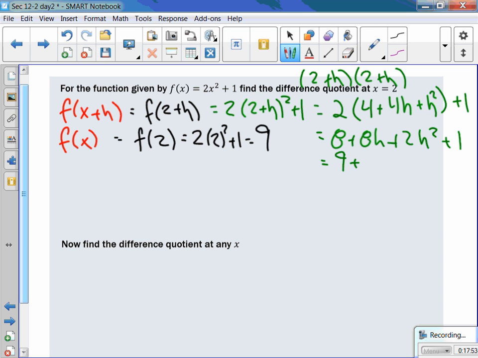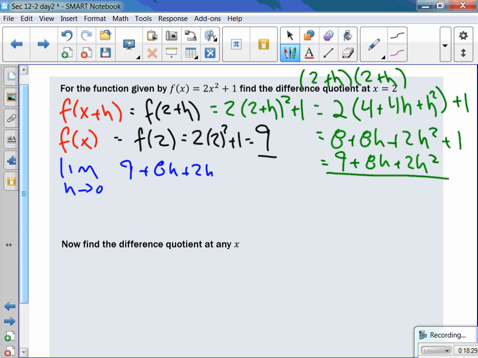So this gave us our f of x plus h, or excuse me, f of 2 plus h. So we have f of 2 plus h, and we have our f of 2. So now we can go ahead and do that difference quotient. The limit of f of x plus h minus f of x all over h as h goes to 0. So my f of 2 plus h minus what?